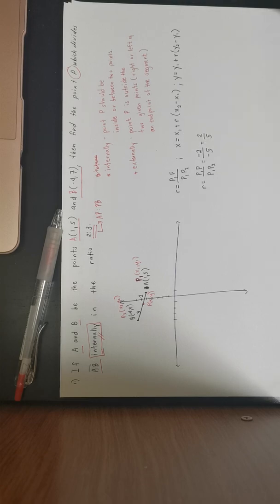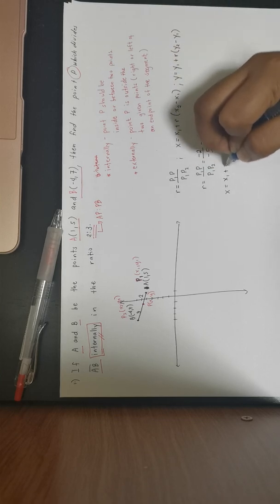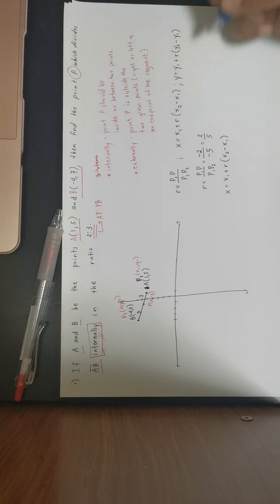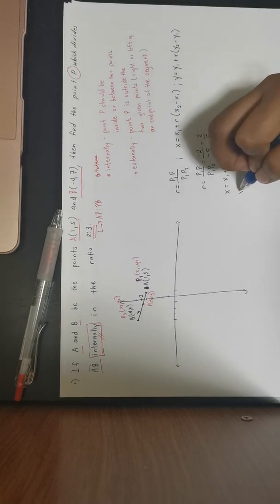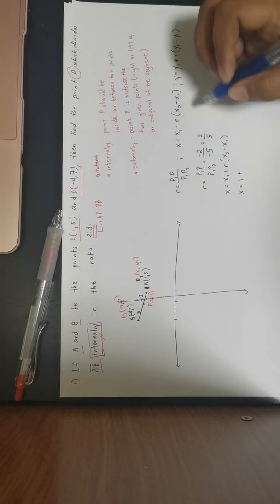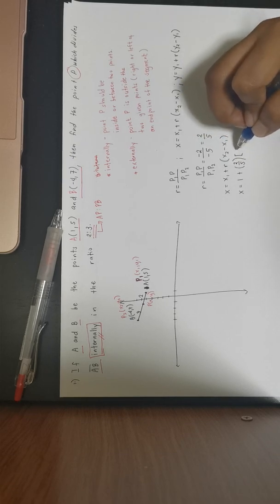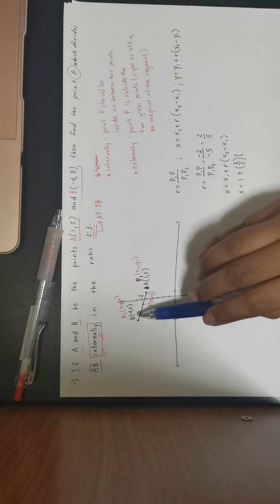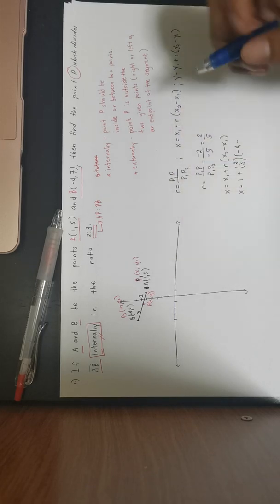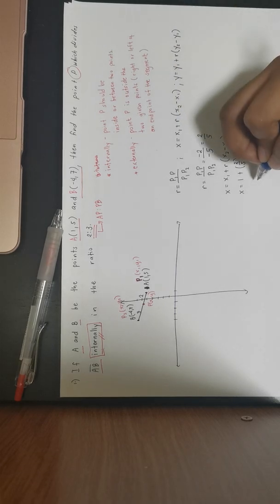Let's now get the value of x. x is equal to x1 plus r times the quantity (x2 minus x1), and we simply substitute. So x is equal to 1 plus r, which is 2/5, times the quantity (-4 minus 1).